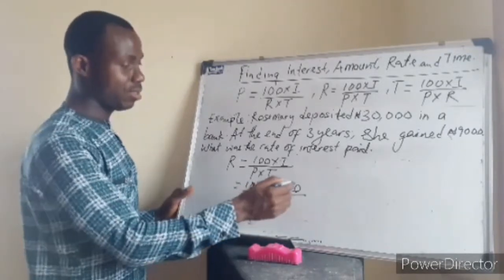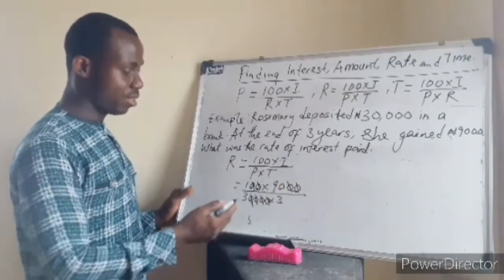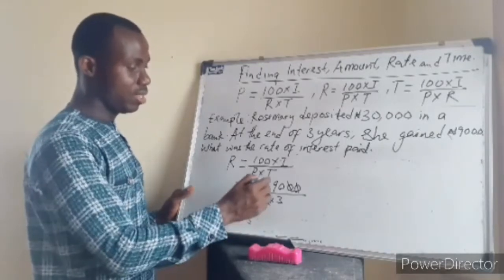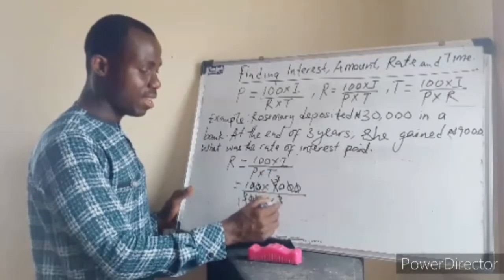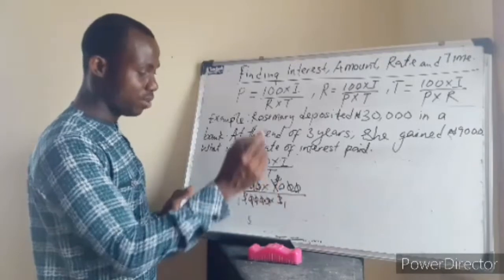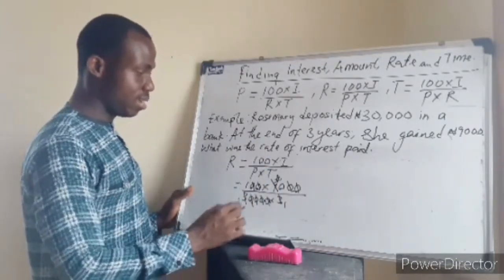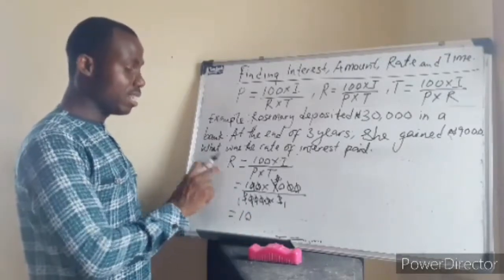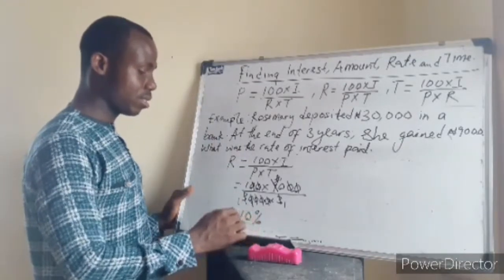Now we are left with 3 here and 3 here. 3 here is 1. 9 divided by 3 is 3. Again, 3 here is 1. 3 divided by 3 is 1. So 1, 0 is 10. So the answer is 10. Remember, it's rate. Rate is always in percent. So the answer becomes 10%.